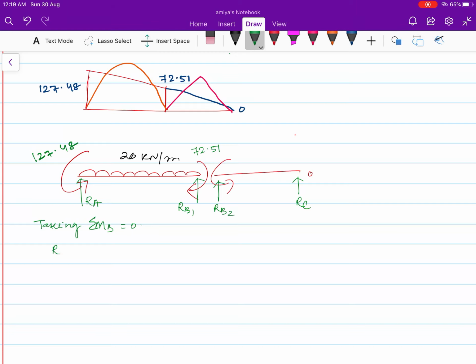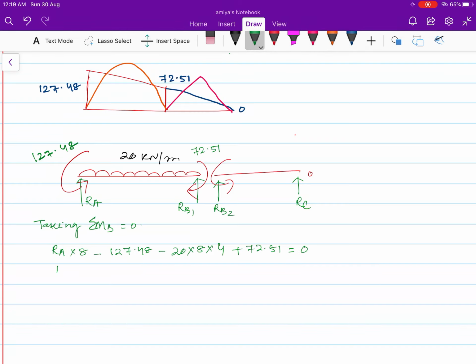RA into 8, because this distance is 8, is clockwise, then 127.48 is anticlockwise, minus 20 into 8 into 4 is also anticlockwise, plus 72.51 is clockwise.